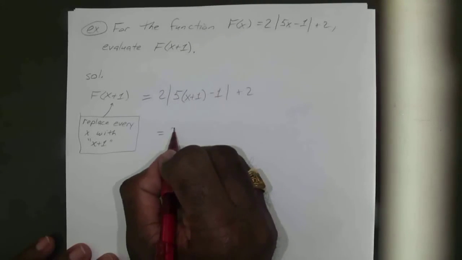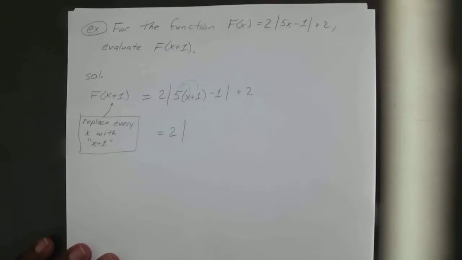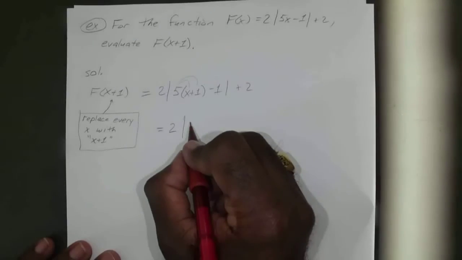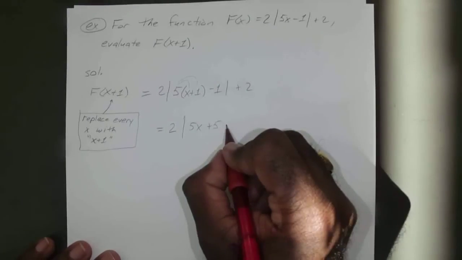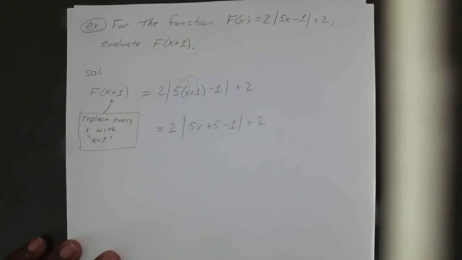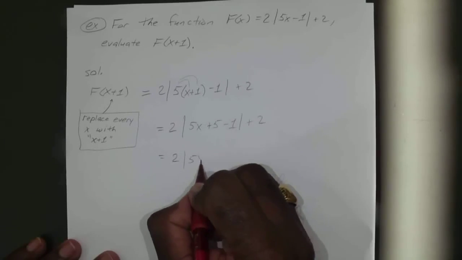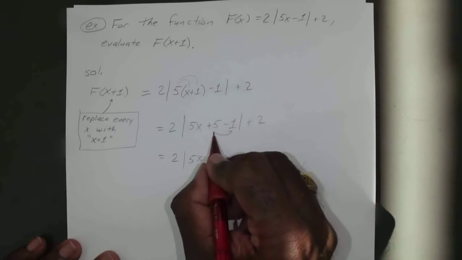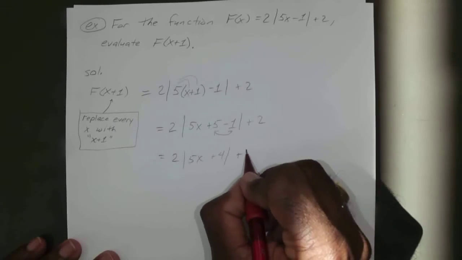Okay. So that's going to equal 2 times absolute value, and we'll go ahead and distribute that 5. So you have 5x plus 5 minus 1 plus 2. Okay. And then we just combine our like terms from there. So you have 2 times the absolute value of 5x, 5 minus 1 is 4, plus 2.